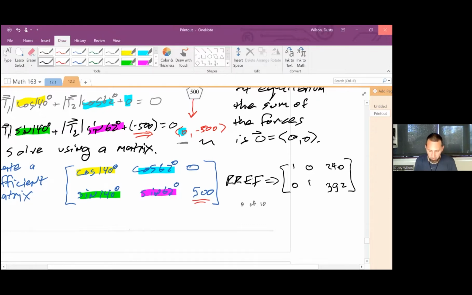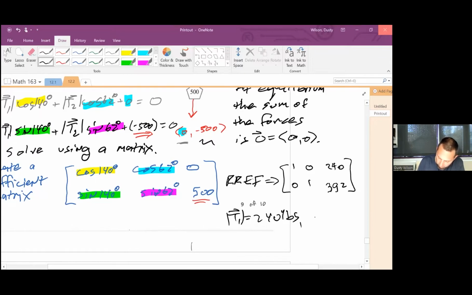Okay. And so what this is telling me is that the magnitude of T1 is 240 pounds. This is a magnitude.